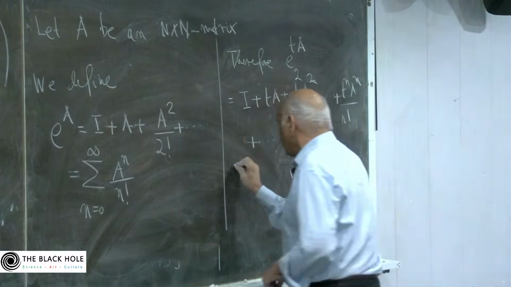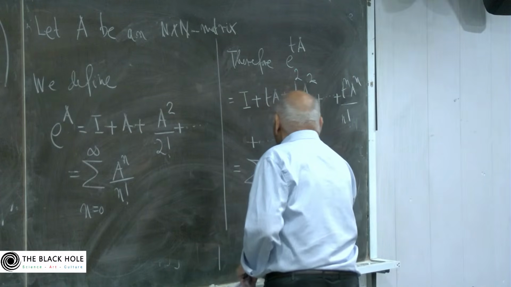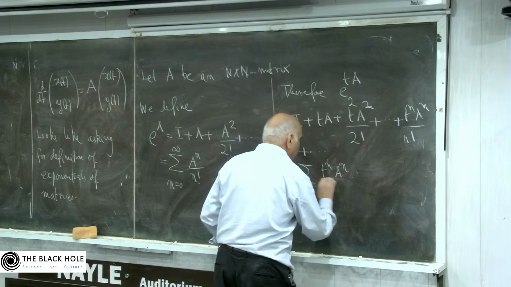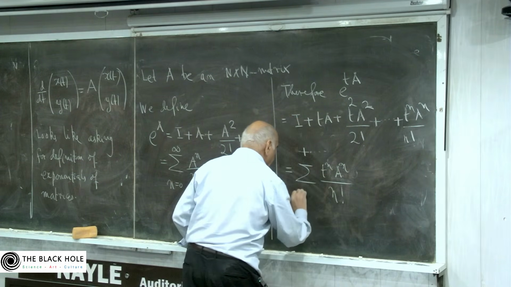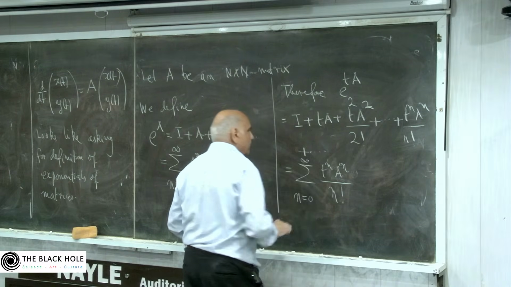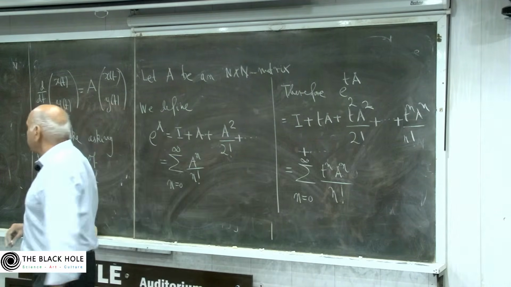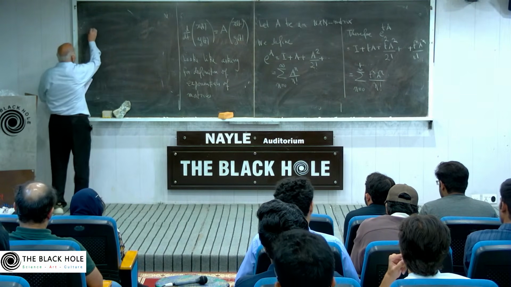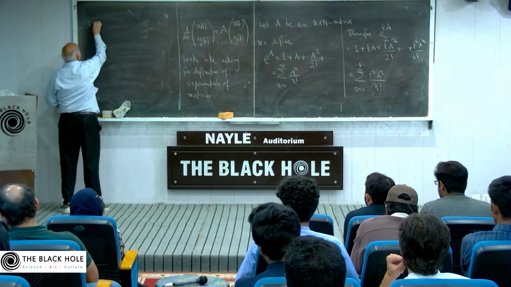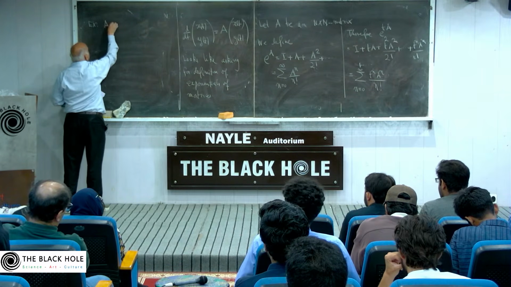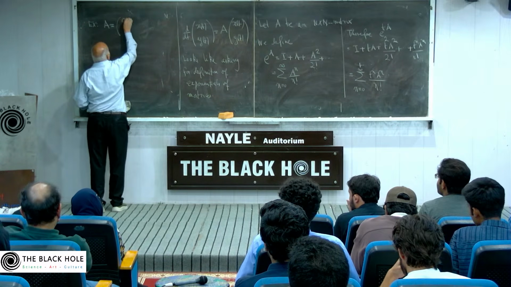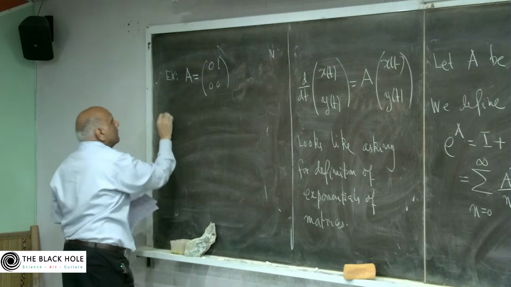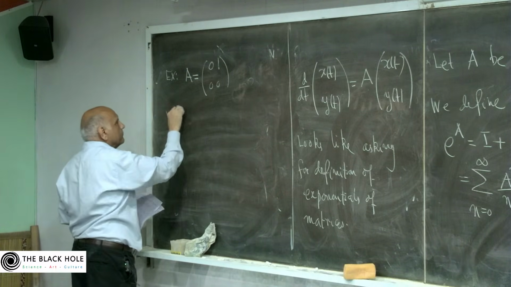So in sigma notation it is sigma T to the n A to the n over n factorial, n from 0 to infinity. Okay? So now, examples. Let A be equal to 0, 1 and 0, 0. What is e to the power of TA?